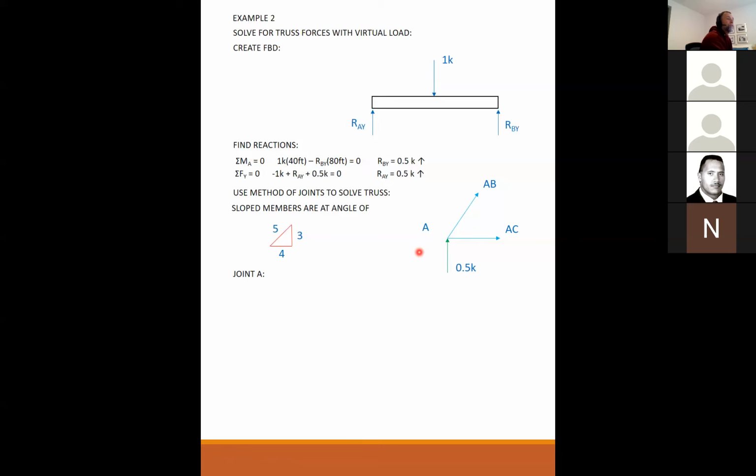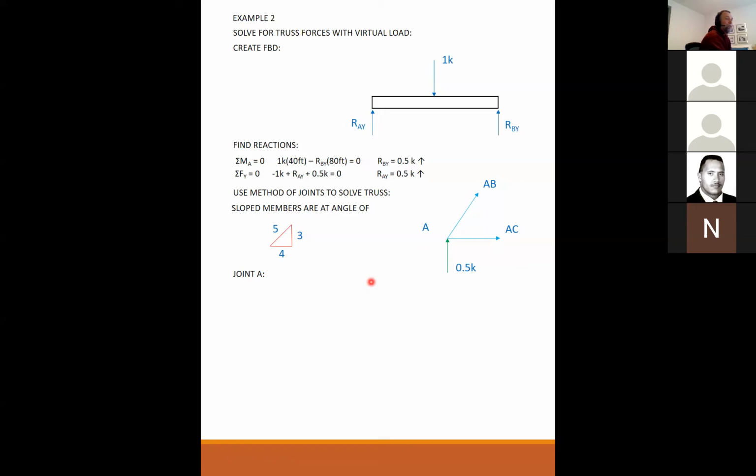So I only have 2 equations I can work with. Sum the forces in the X, sum the forces in the Y. That's another reason why you want to look for a joint where you don't have more than 2 unknowns, because you can't solve it. You only have 2 equations. So joint A is perfect. I have 2 unknowns, and I can solve this.